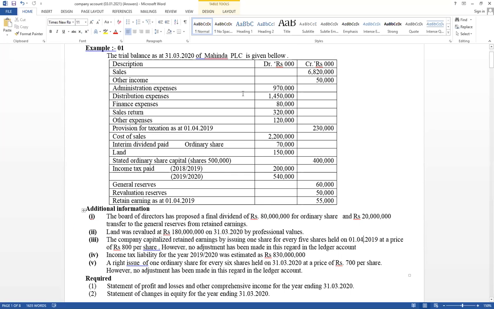Therefore, this is the specific area relevant for a company: rights issue, bonus issue, and dividends adjustment, as well as share issues and income tax adjustment. You have to know how to prepare a statement of profit and loss and other comprehensive income and a statement of changes in equity. Those are the requirements. Therefore, this is a specific area relevant for a company.